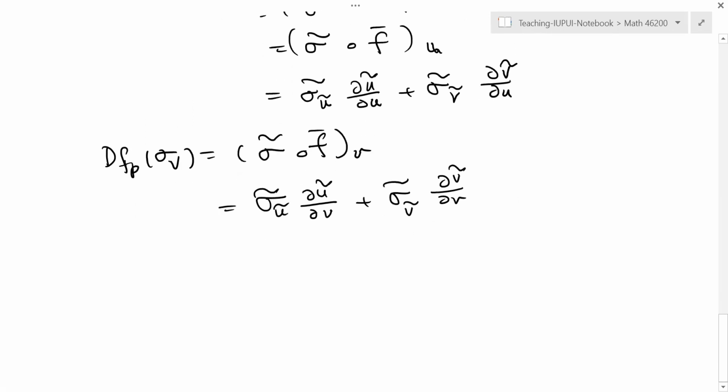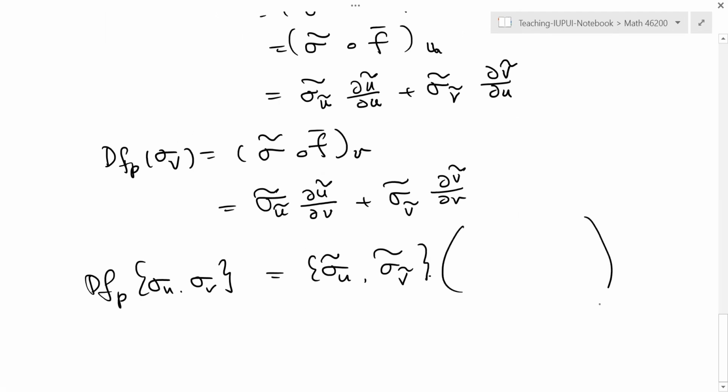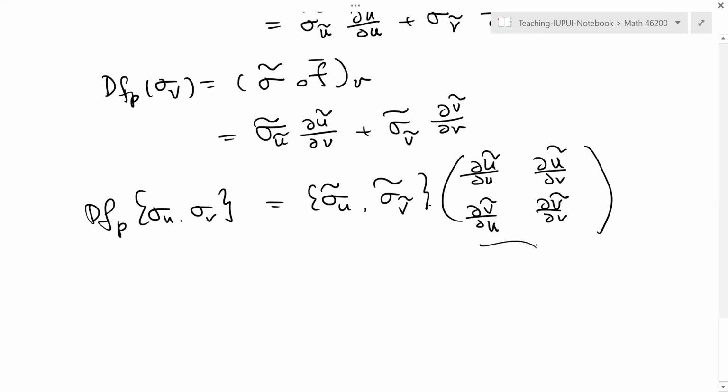Now we can express it in matrix form. It sends this basis to another basis. I'm going to write a matrix. This is just the so-called Jacobian with respect to these two bases.